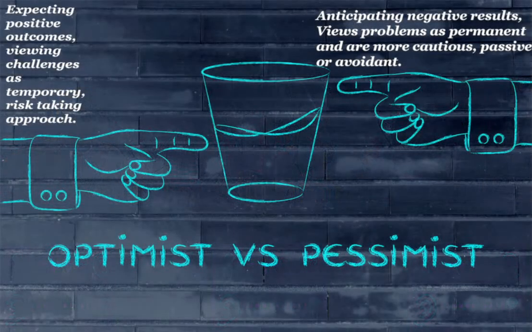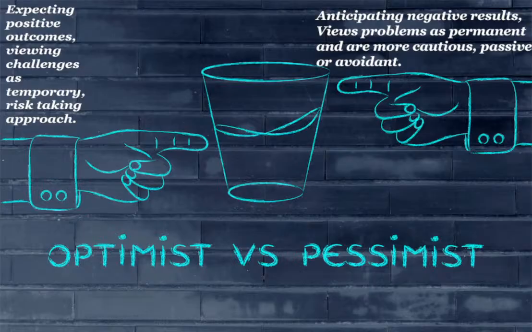Let's just go into pessimism versus optimism. Right. Pessimism versus optimism, that's today's subject. As far as being a pessimist or an optimist, get our producer to put that definition on the screen. An optimist expects positive outcomes, views challenges as temporary, and takes a risk-taking approach.